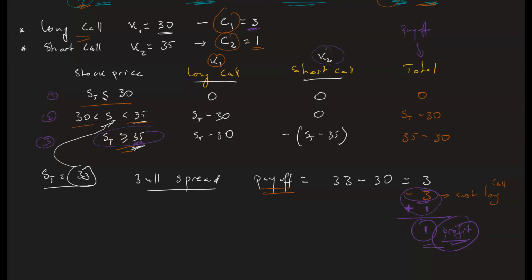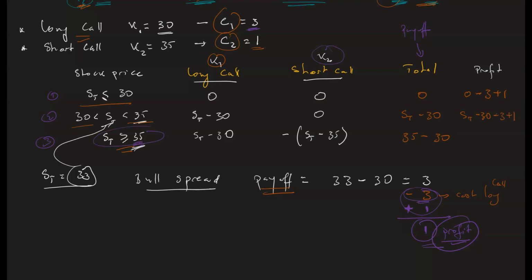So to find our profit, what we need to do is take the payoff and subtract the premium from the payoff, right? So in this case, we're going to have 0 minus 3 plus 1. In this case, we have ST minus 30 minus 3 plus 1.